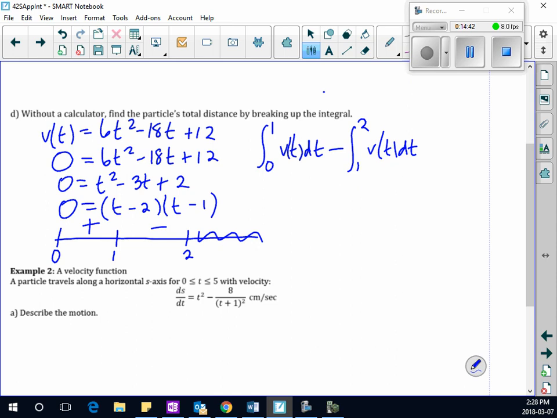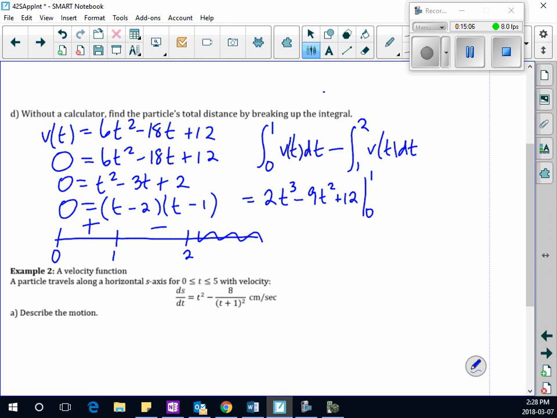Add 1, divide, so we get 2t cubed, yes? Do you know what I'm doing here? Add 1, divide, we get minus 9t squared, and then plus 12t, and we're going from 0 to 1.